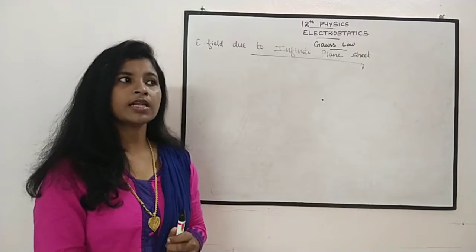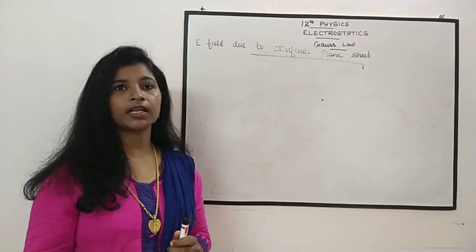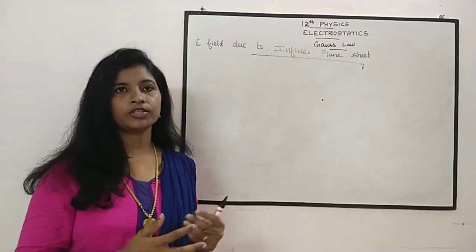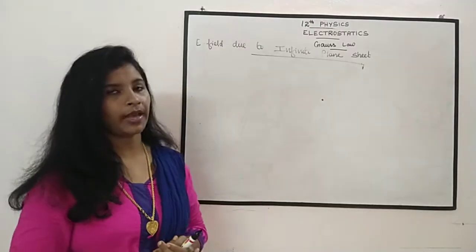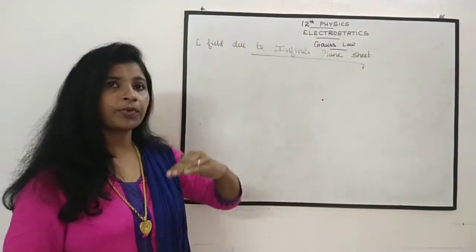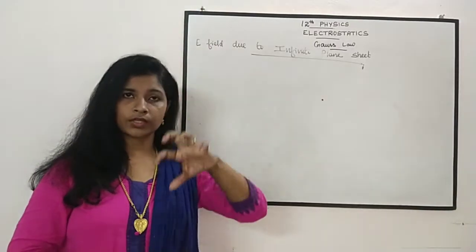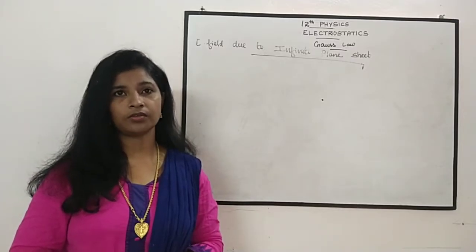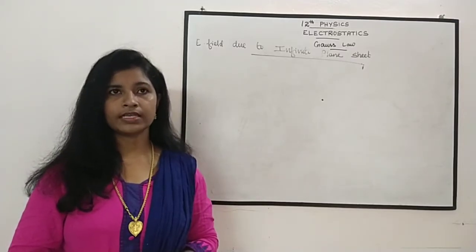We are going to follow the same steps that we did for the infinite large conductor, for the plane sheet. As I already told, since the charges are distributed uniformly, we have to take the charge density. Always keep that point in mind.